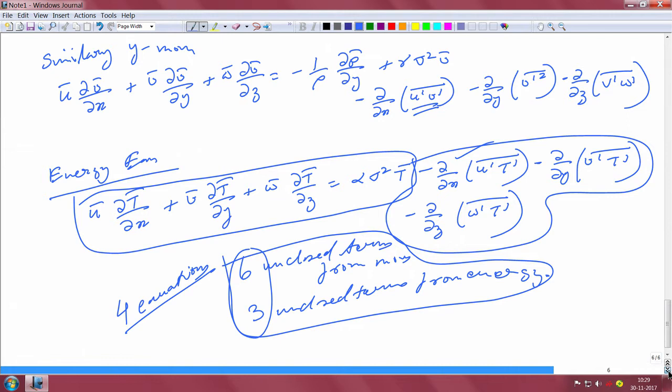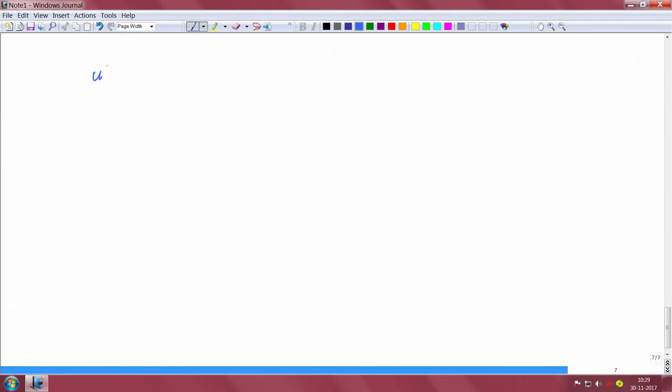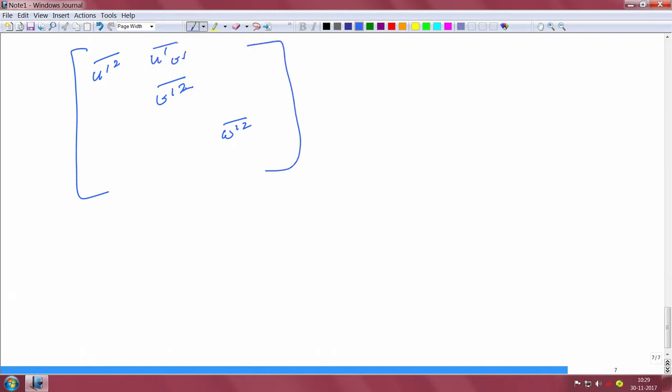So, you can put all these things in a matrix form also. So, u prime square bar, v prime square bar, that will constitute the diagonal of the matrix. So, u prime v prime bar and u prime w prime bar will be the other quantities. So, this will be v prime u prime, okay, and this will be v prime w prime. Okay.